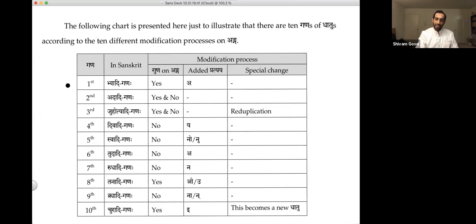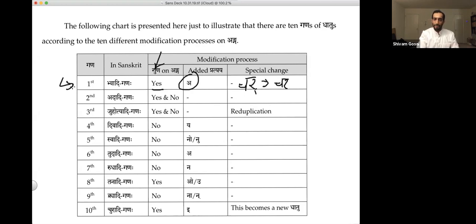For example, in the first gana, when the dhatu becomes an anga, some changes can occur. Something called guna happens, and you get an akara at the end. This is why we go from char to chara. We added that akara because it's in the first gana.